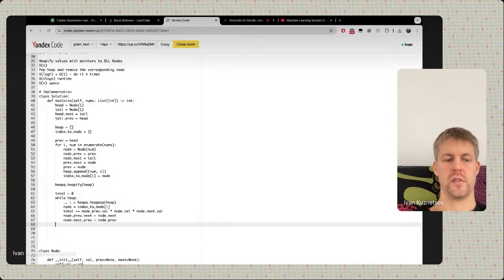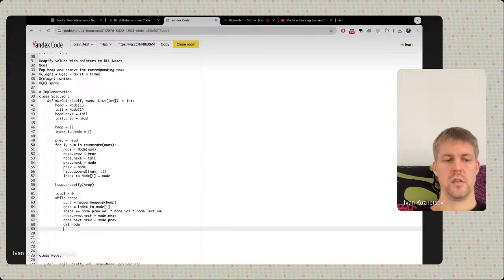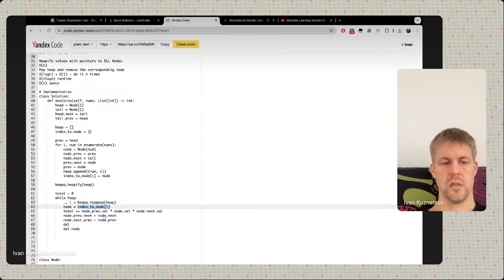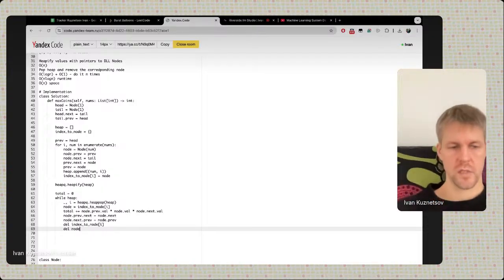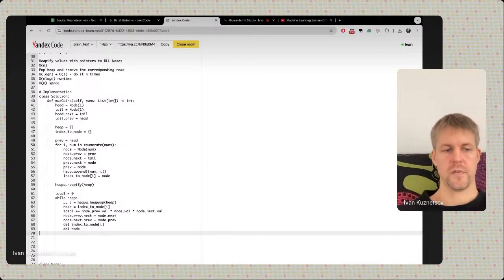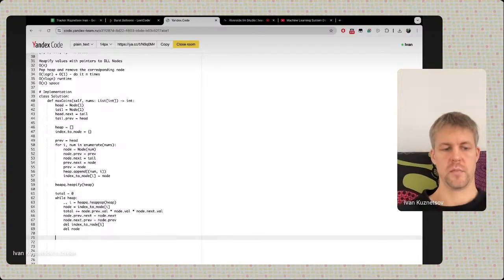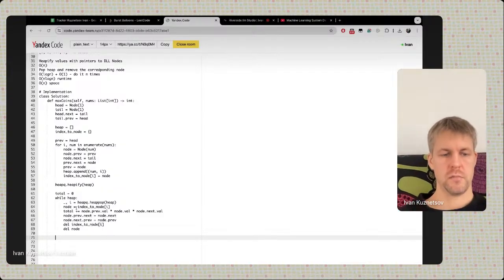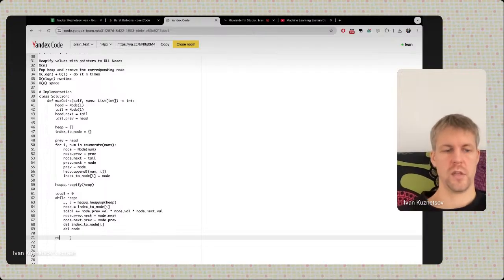So we are removing this node and deleting it. First delete index node I and delete a node, just to be careful with our memory because we don't need those objects anymore. We are removing those. So we are just removing everything and then we are returning total.